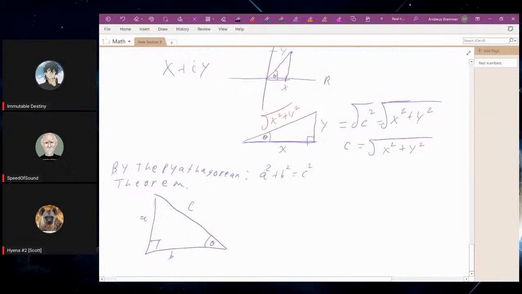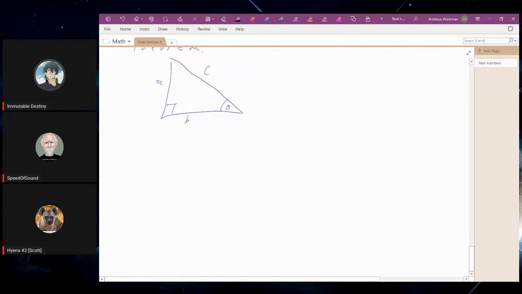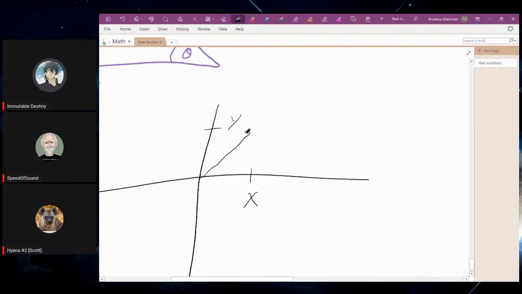So what we've learned about this process is that when I take a complex number and I plot it, so x and y, and I draw a line from the origin to that point, if I consider these to be units of distance, so some direction moving in the y and some direction traveled in x, then this distance is actually the square root of x squared plus y squared.